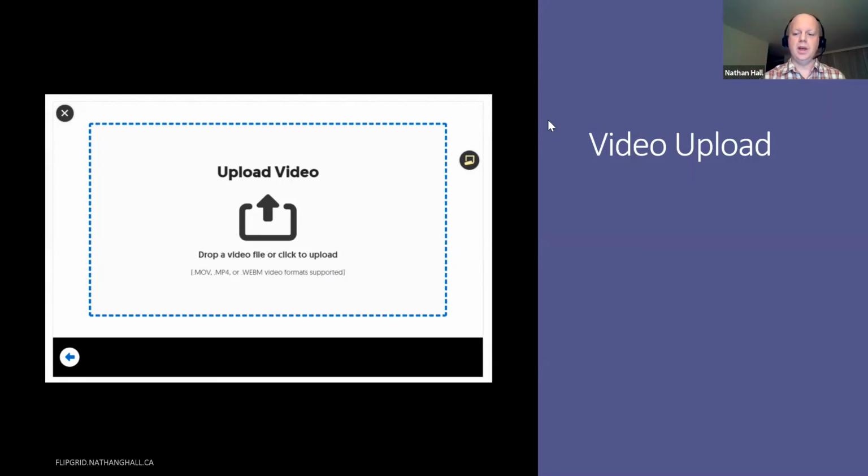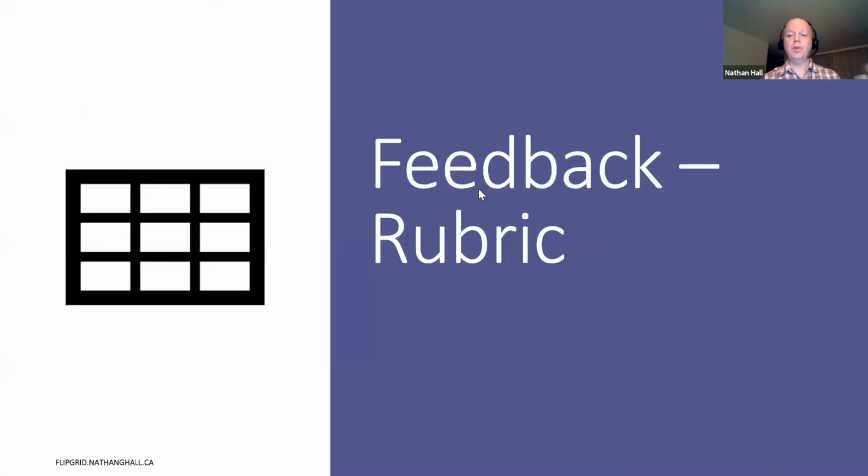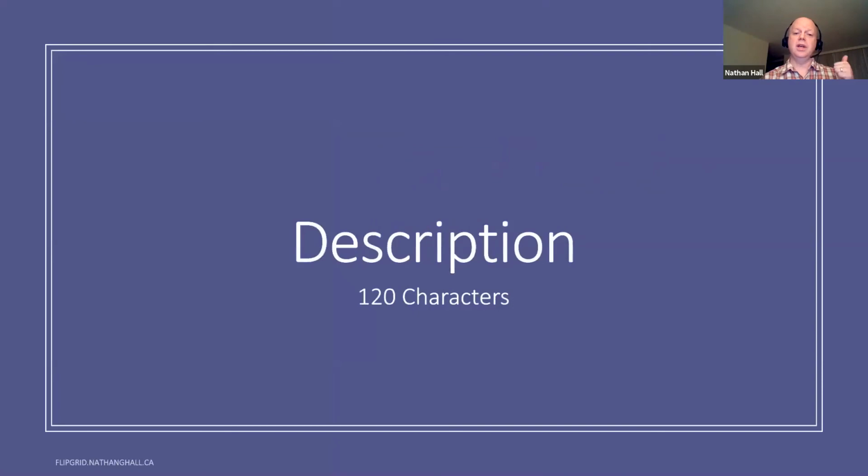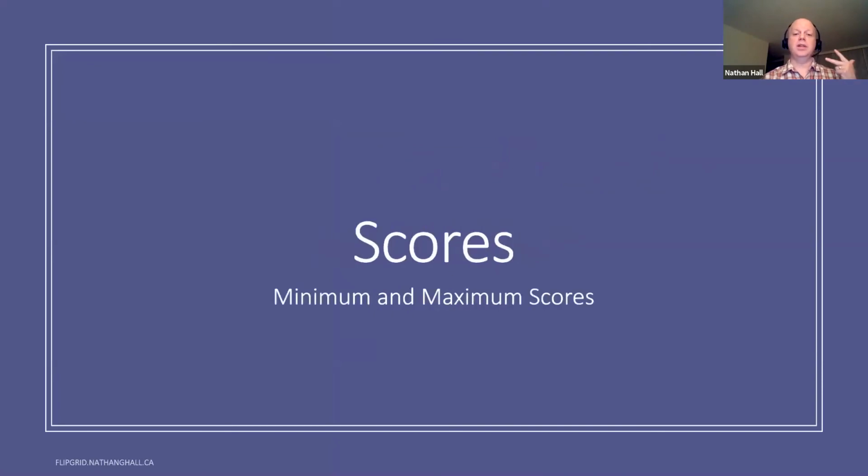So then you have the rubrics, and the rubrics have a title, which has 32 characters, a description of 120 characters, and the scores. And I use the rubric to show a pathway. And I tell the students, this isn't a completion, this is where we are on the journey. So we haven't reached the end of our journey, but here's where you are. This is what city we're at right now.